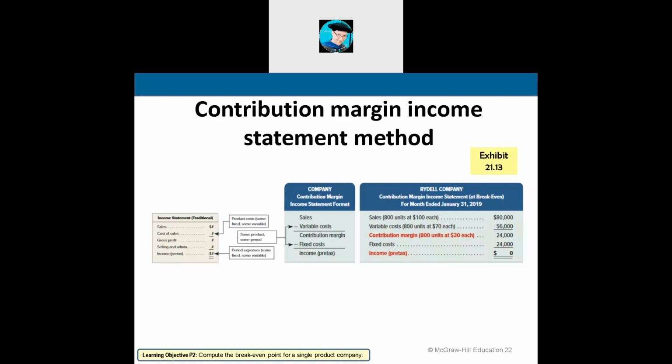Sales minus variable costs equals contribution margin minus fixed costs equals net income. When your net income is 0, you broke even. If it's higher than 0, you made a profit. If it's lower than 0, you have a loss. But that's the concept of looking at it from an income statement perspective. Makes sense, right? Awesome.